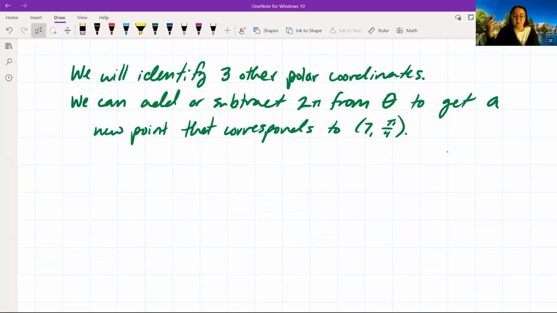So this is just simple 2 ways. This is with 2 pi. Remember, this is going to be the same thing for 4 pi, 6 pi, 8 pi, 10 pi, all the negative versions. So they're all the same. So this is how we get infinitely many solutions, but these are going to be 2 of them.